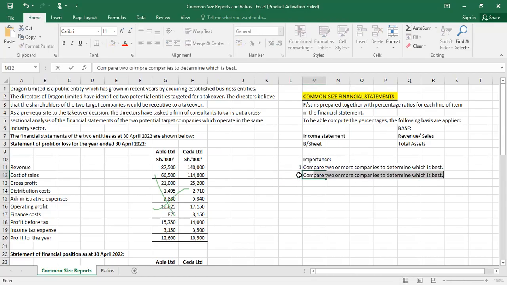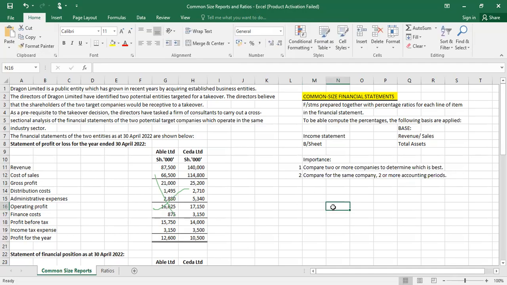And then you can also use them to compare, for the same company, two or more accounting periods. Those are the importance of the common size financial reports.